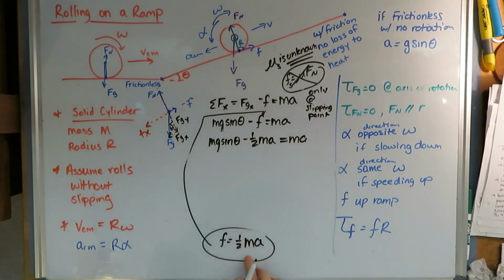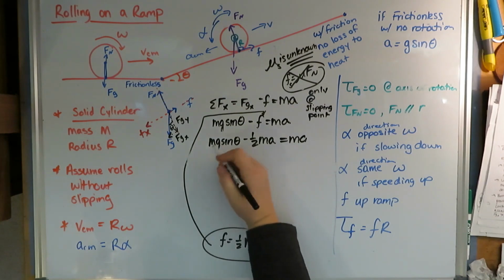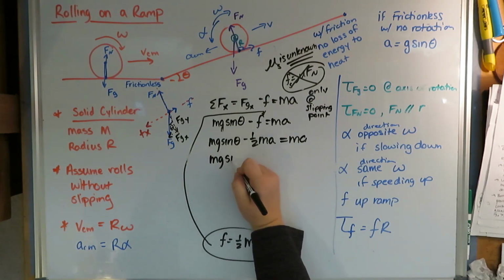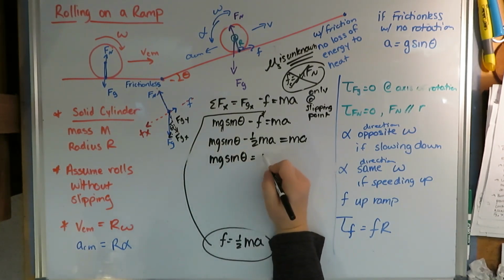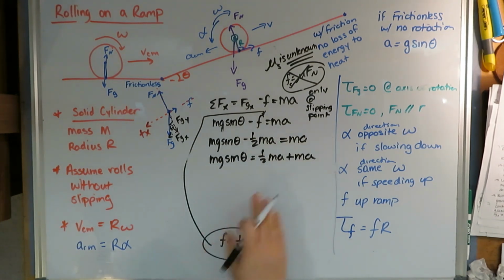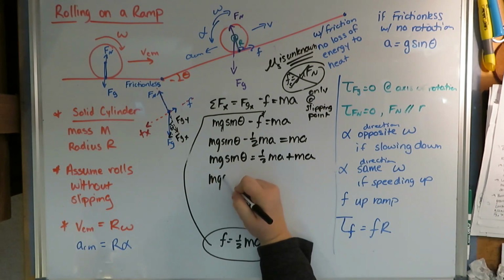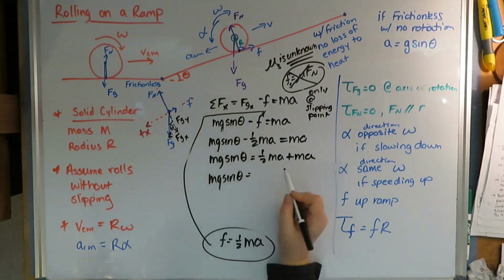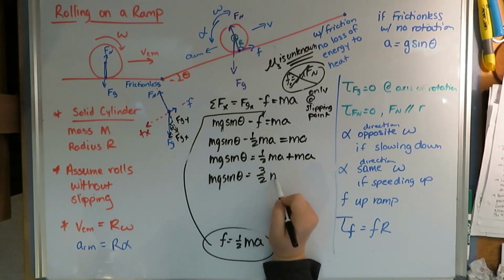Since this is a single object, these m's are the same m's. Those are the same a's, a for the center of mass. And then I could group those a's together. So I get mg sine theta is equal to 1/2 of ma plus ma. So if I group that, I get mg sine theta is equal to 3/2 of ma.